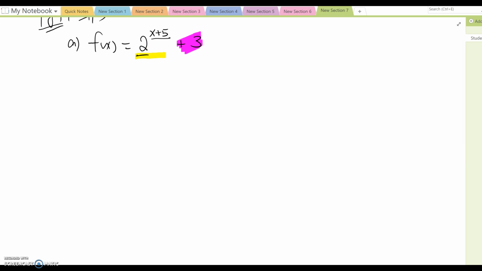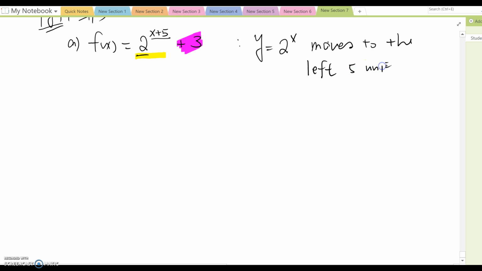Then how can we conjecture this? In this case, y = 2^x graph moves to the left 5 units, right? So that's this first one here.